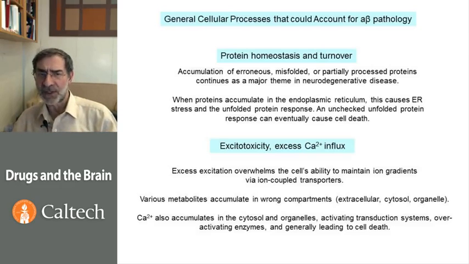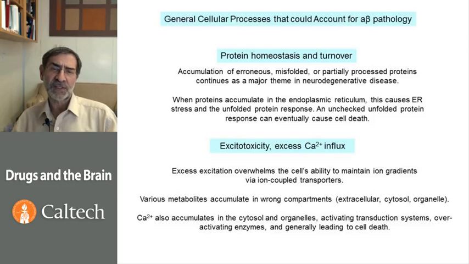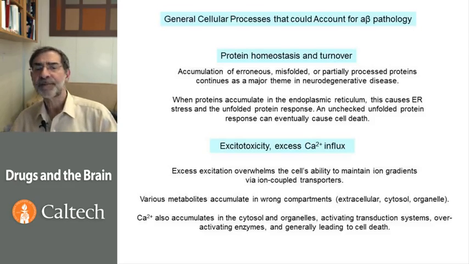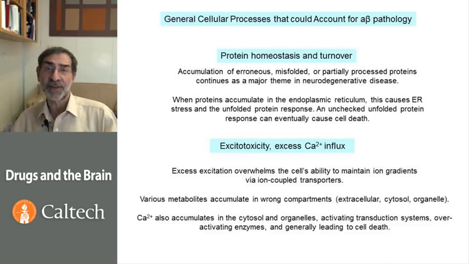Another very general cellular process is that A beta might cause excessive ion fluxes, which lead to a phenomenon called excitotoxicity. This would overwhelm the cell's ability to maintain ion gradients via ion-coupled transporters.